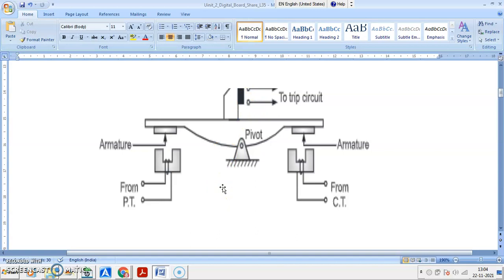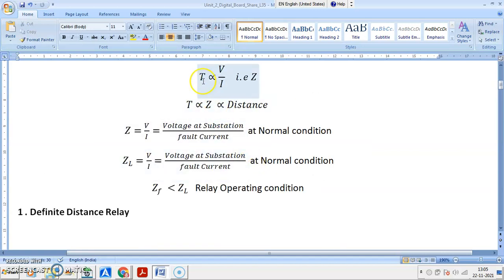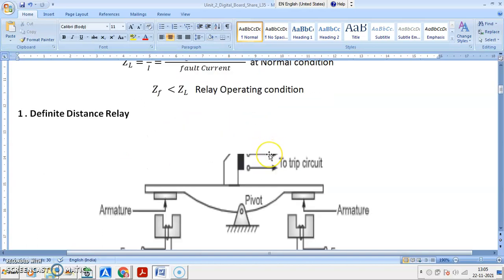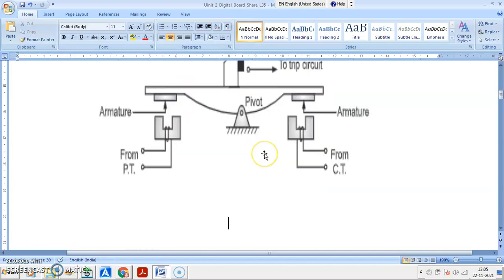Two magnets are mechanically coupled to this beam with pivot.